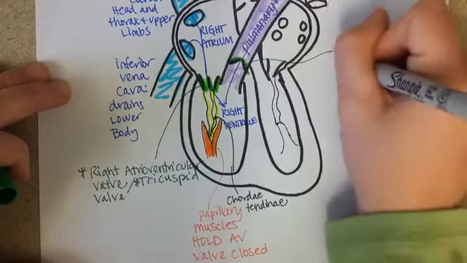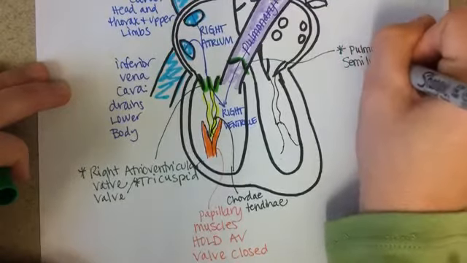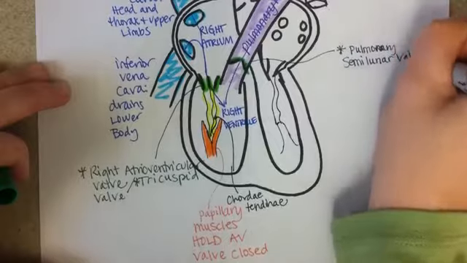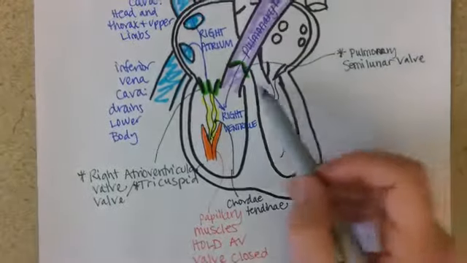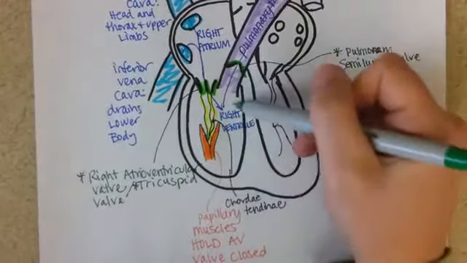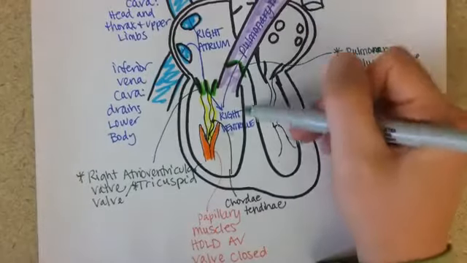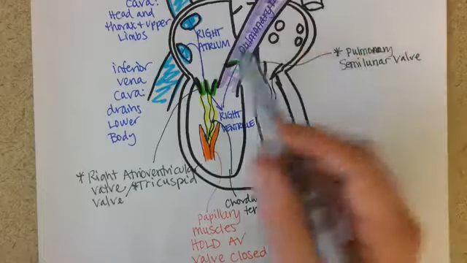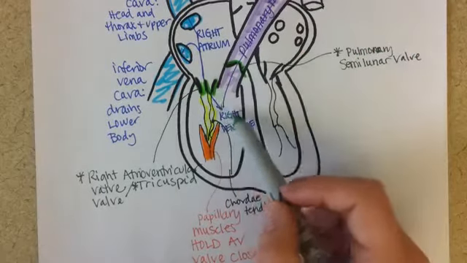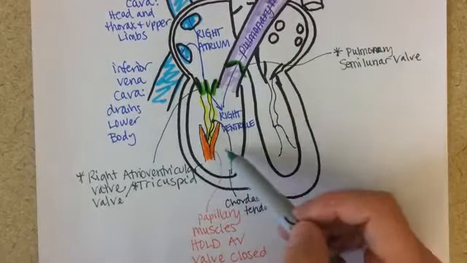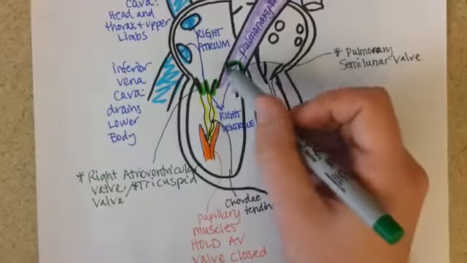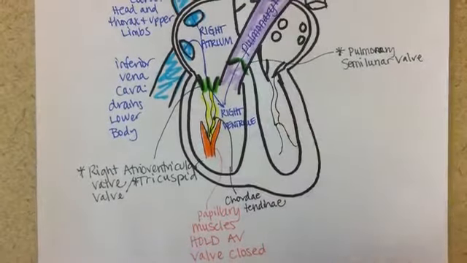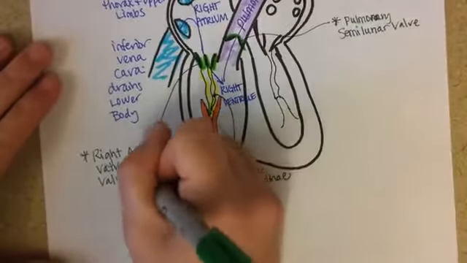This valve shuts after the right ventricle is finished pushing blood out and pressure starts to decrease in the right ventricle, and then this valve falls shut. So the AV valve is closed during ventricular contraction, and the semilunar valve closes at the end of ventricular contraction.